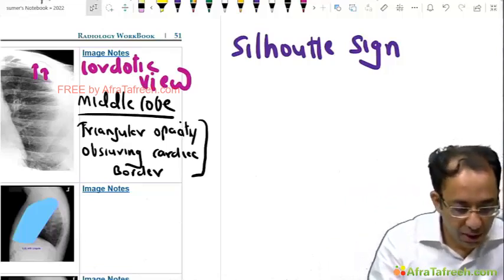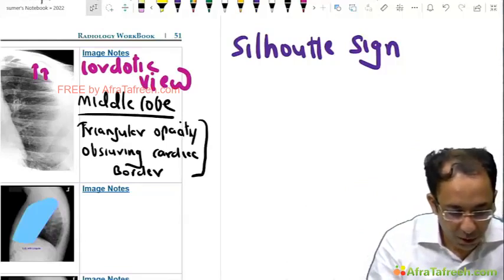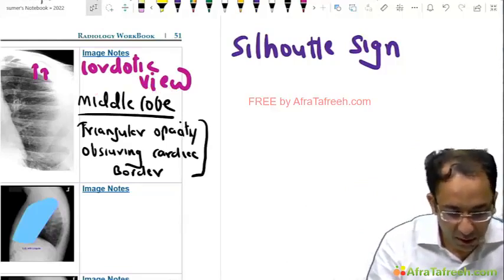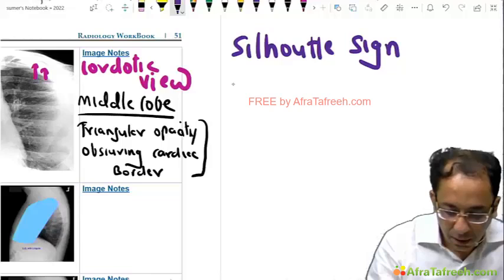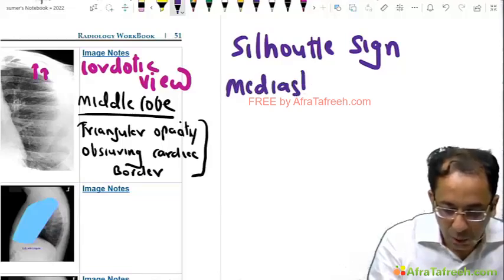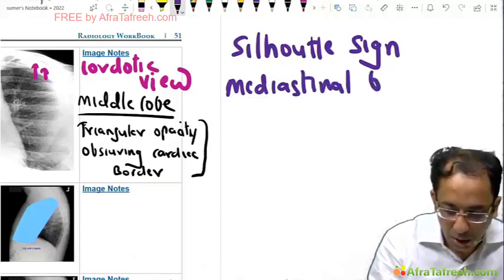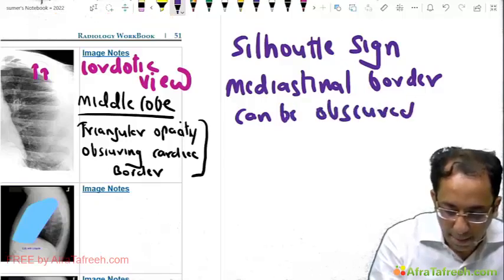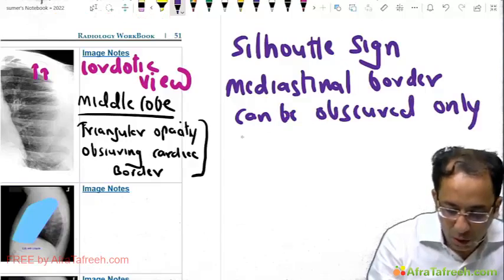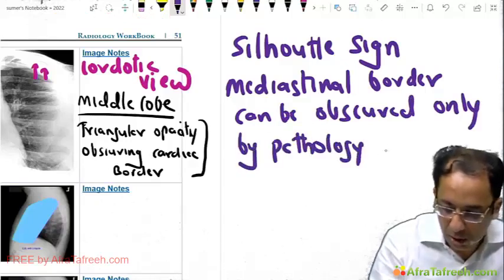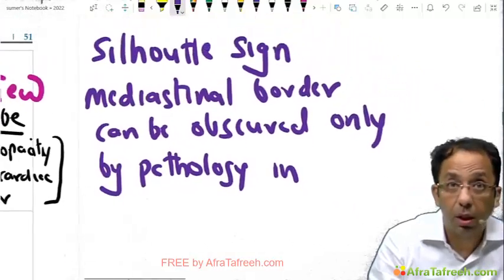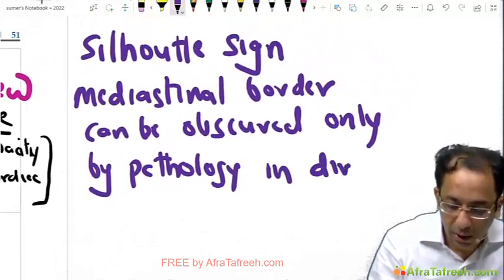Silhouette sign says, listen to me, a mediastinal border can be obscured only by pathology in direct anatomical contact.